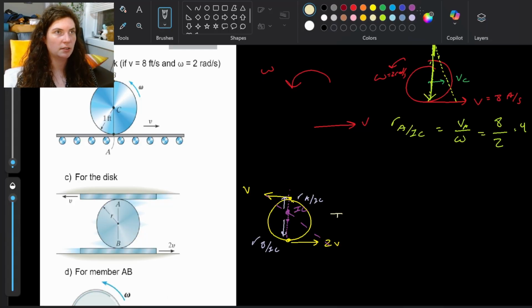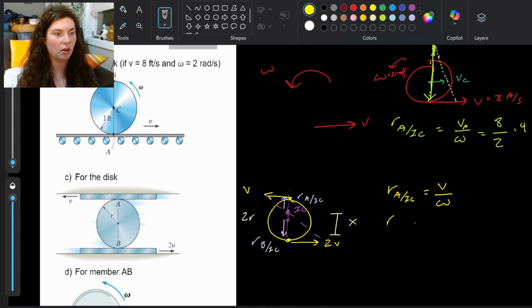So let's say that my distance from B to the IC is x. And I know the overall height of this thing is 2 times r, just leaving it in generic terms. So we said that r of A with respect to IC is going to be V over omega, and that V is that top V up there.